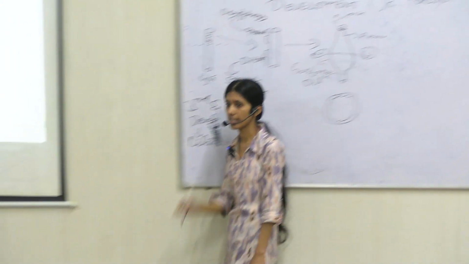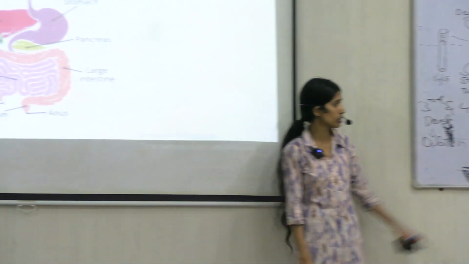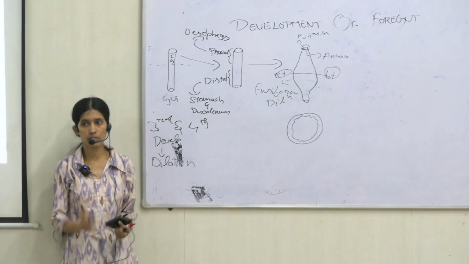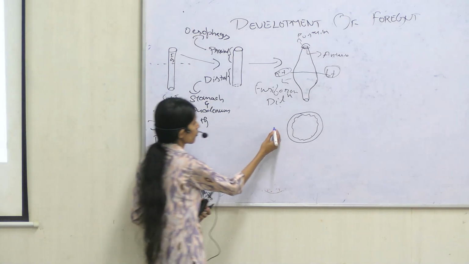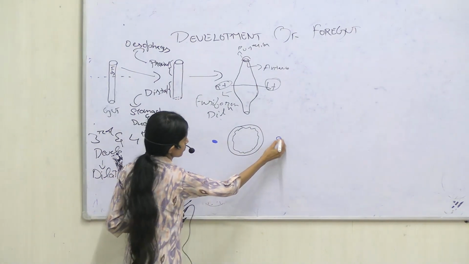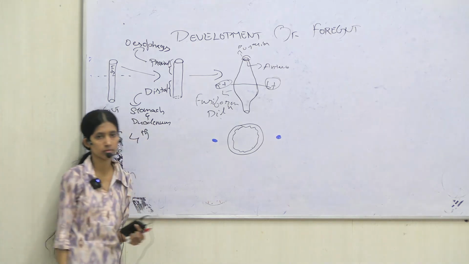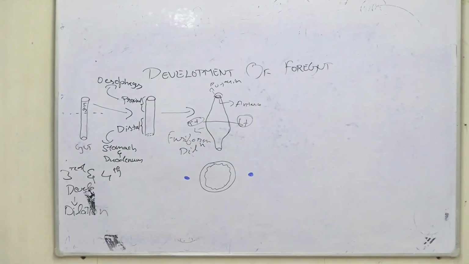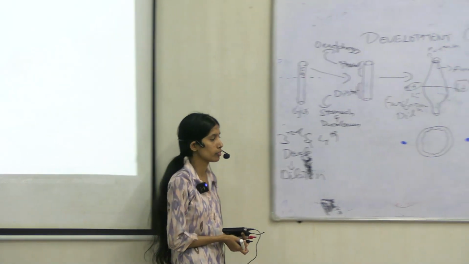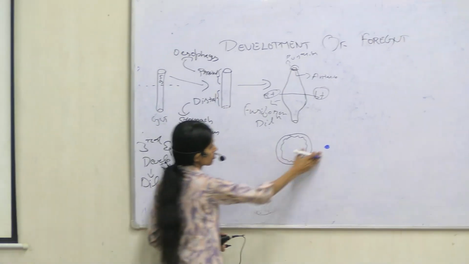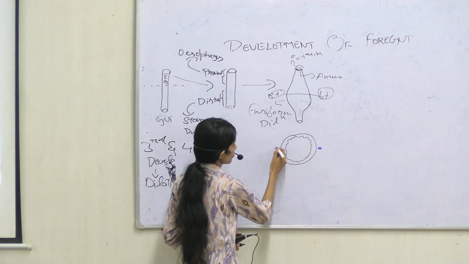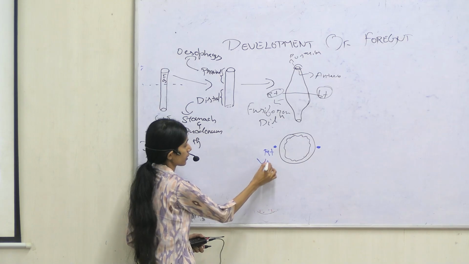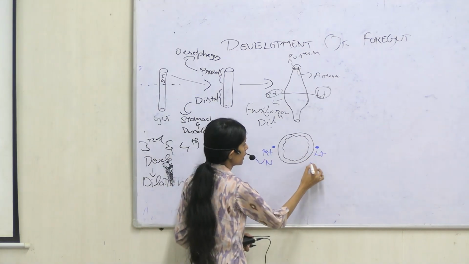In the cross section, on either side, we can see the presence of a nerve. Which nerve? We can see the nerve on both right and left sides. Vagus nerve. So this is going to be the right vagus nerve and this is going to be the left vagus nerve.